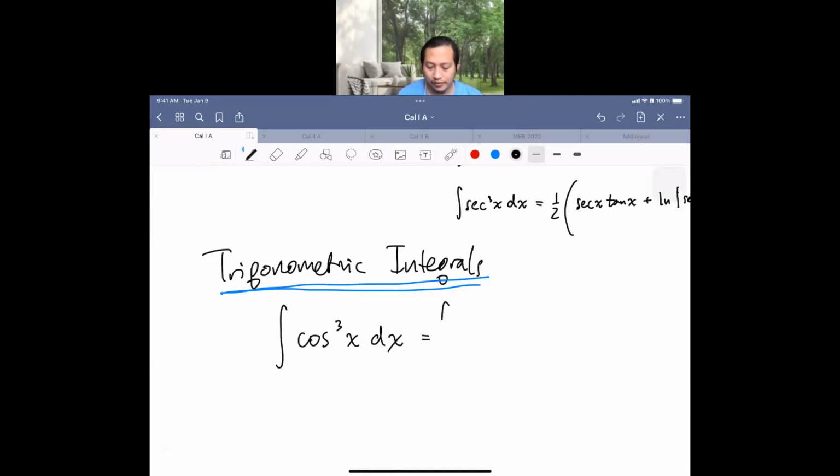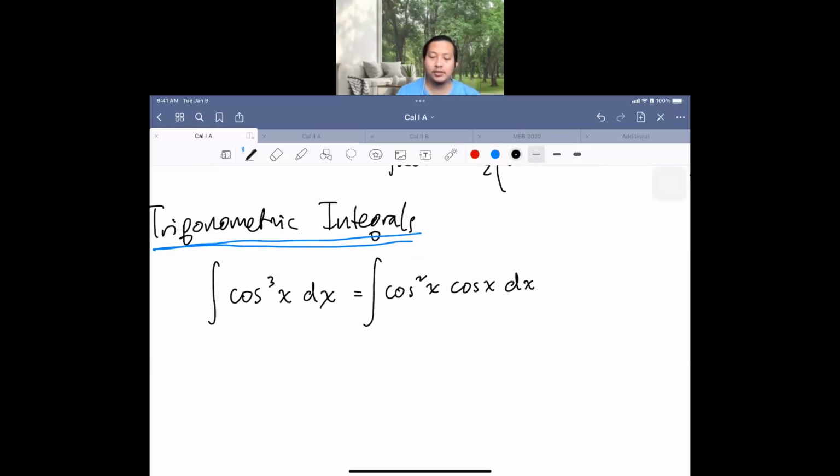So we can have cos squared x and then cosine x dx. What's the next thing we can do here? We can look at the cos squared x, and we know that sine squared x plus cos squared x equals 1, right? So maybe we can exchange this cos squared x to become 1 minus sine squared x.